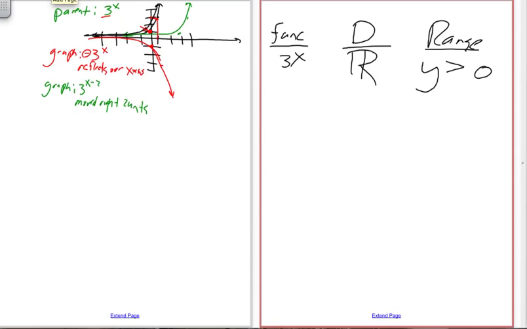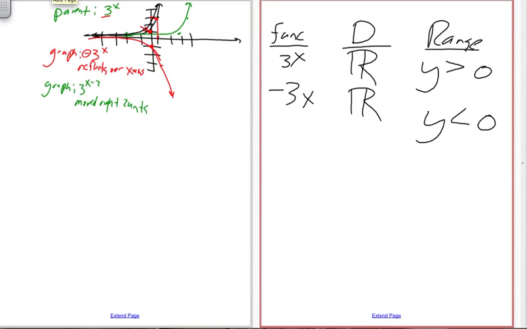So now let's take a look at the other one we did, which was the negative 3 to the x. We reflected over the x-axis. Again, my domain is all real numbers. But my range now is just the negative y values. We reflected it, so it's going to be y is less than 0, not equal to, because y equals 0 is an asymptote.